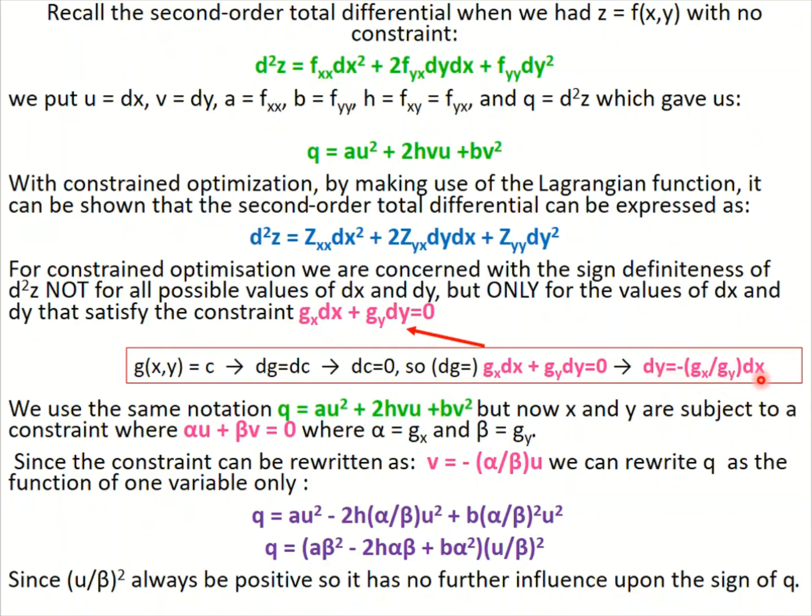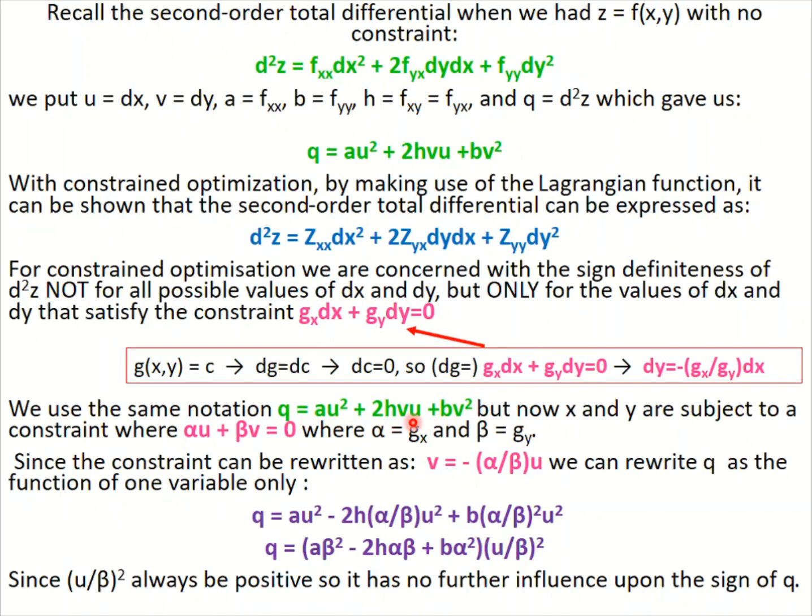So going back now to our second order total differential, which we have here, given that it is a quadratic form, we can use the same notation that we were using when we were optimizing without a constraint. So we have d2z as a quadratic form, so we can use this notation again.